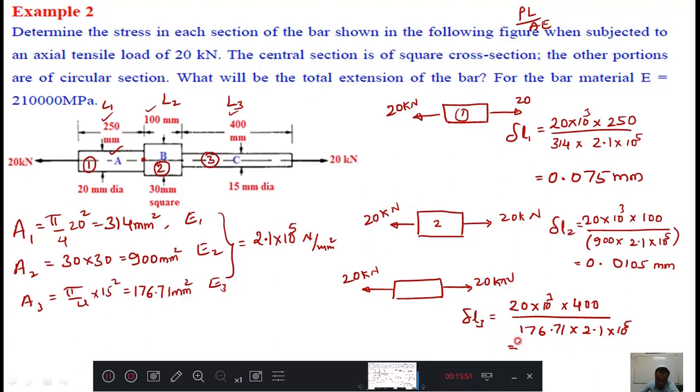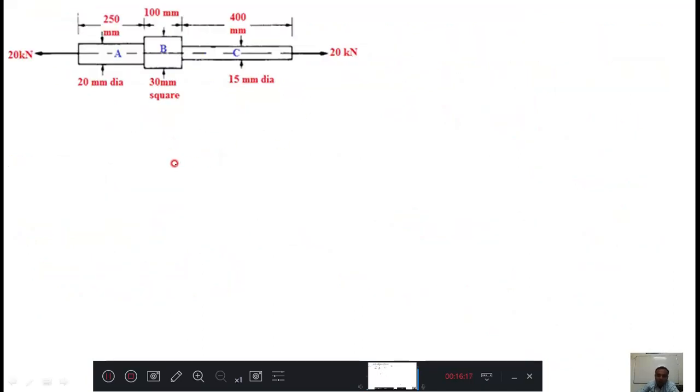The answer is 20 into 10 raised to 3 into 400 divided by 176.71 into 2.1 into 10 raised to 5. This is 0.215 mm.